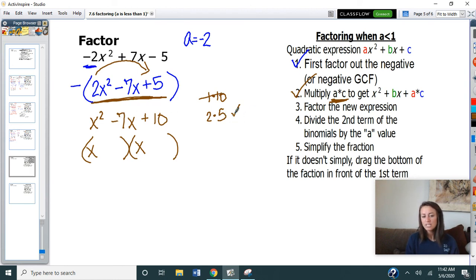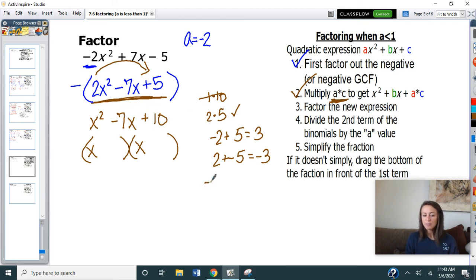So which one's going to have the negative? Is it going to be negative 2 plus 5? Gives me 3. Is it going to be 2 plus negative 5? It's negative 3. Let's try these. Negative 2 plus 5 is 3. We want negative 7. 2 plus negative 5 is negative 3. That's still not what we want.